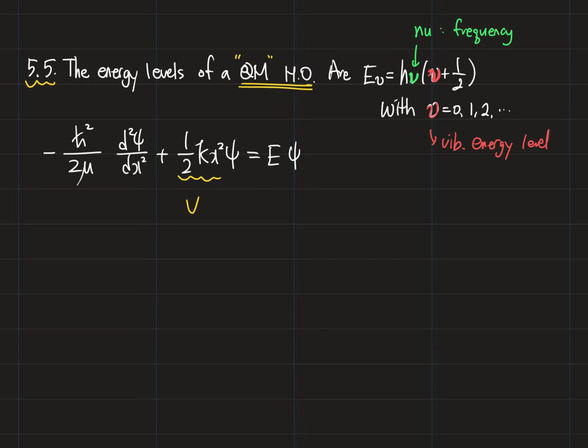You might think that this is a more complex equation to solve than the one-dimensional particle in a box problem, because there is no potential in the one-dimensional particle in a box. We can solve that quite easily, but as you can see here, this is not an easy equation to solve.